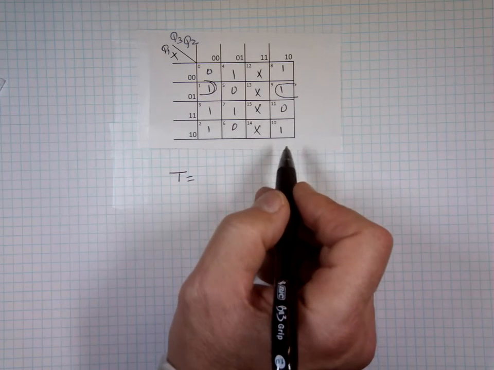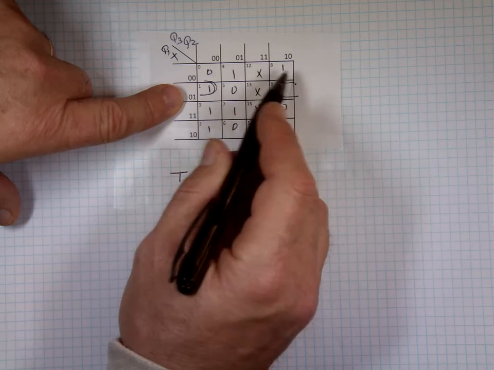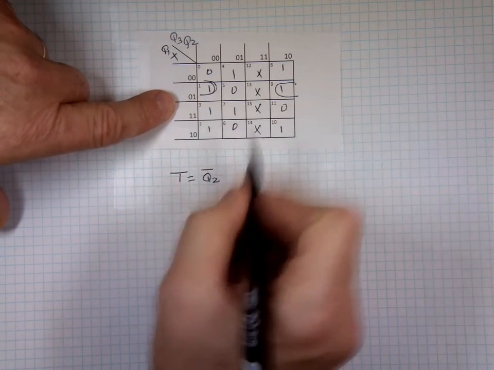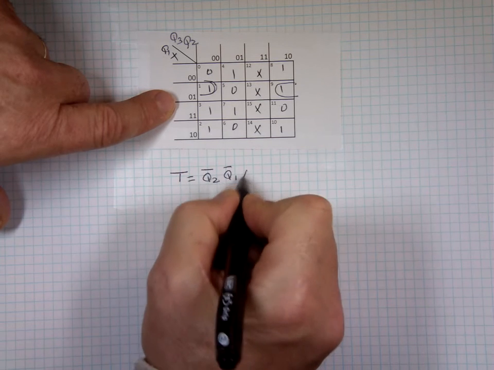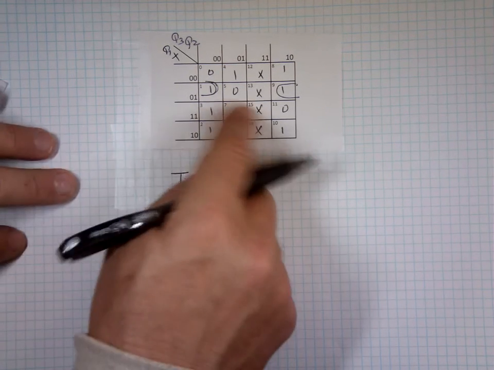So if I take this one, what do we have? Q2 naught, Q1 naught, and X. What will we do about this from 2? Which one? Number 2? The bottom left. Here? Yeah. I didn't decide yet how I'm going to handle it because I can go with these two, I can go these two, I can go this and this.